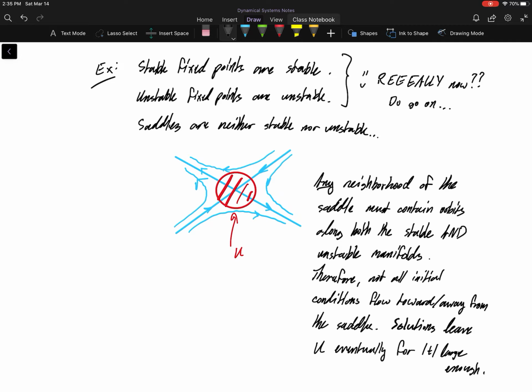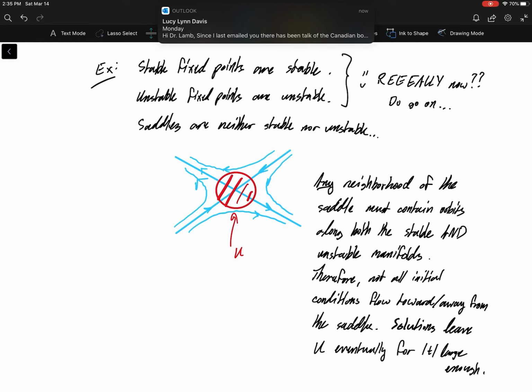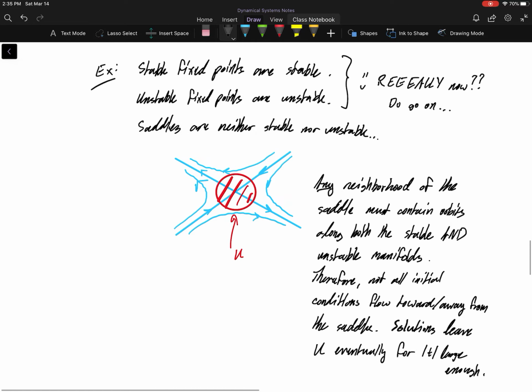And in backwards time, I would have to leave U along the stable manifold. So solutions will eventually have to leave whatever open set I try to put around it. I suppose you can all see that. Whatever open set that I want to put around the saddle, solutions won't stay there.